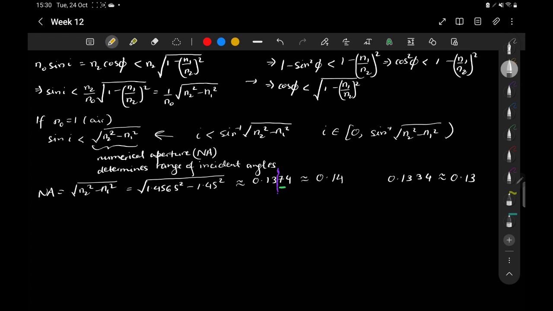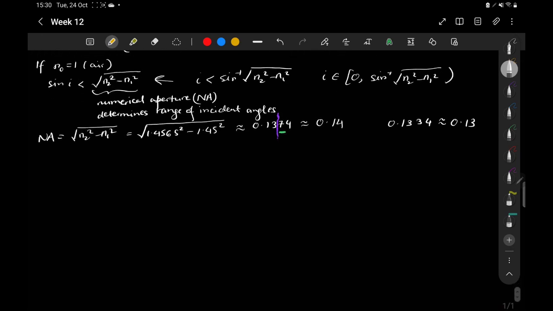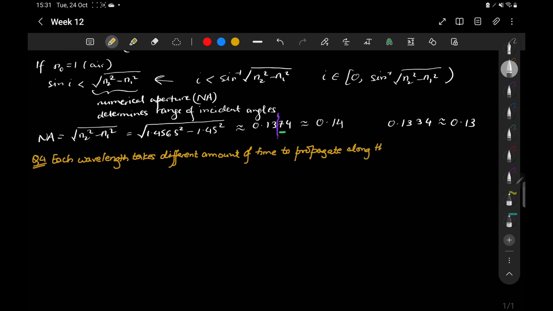Moving over to the next question. Each wavelength takes a different amount of time to propagate along the same path.